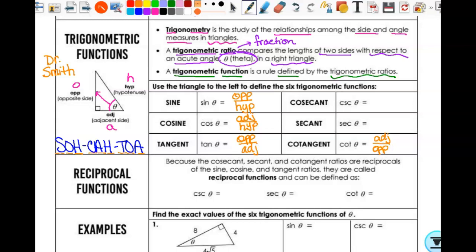I guess you can make one up if you want, but the easiest way is to know these and then know that you take the reciprocal. The reciprocal of sine is cosecant, so cosecant is hypotenuse over opposite. And then secant is the reciprocal of cosine, which makes it the hypotenuse over adjacent.